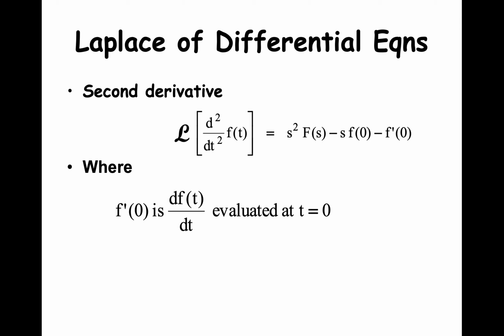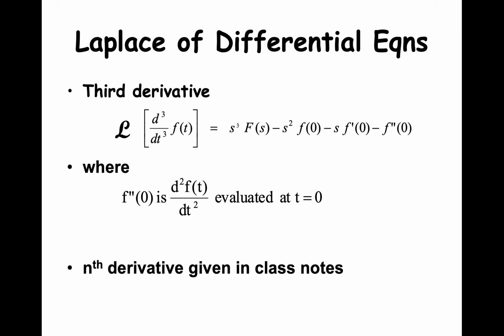If we have a second order differential term, the Laplace transform is s squared times F(s) minus s times f(t) at t equals 0 minus the first derivative of f at 0. So we need to know f at t equal to 0 and the first derivative at time 0 to complete this transformation. These will be part of the initial conditions given in the problems.